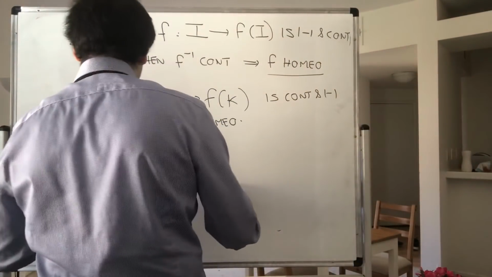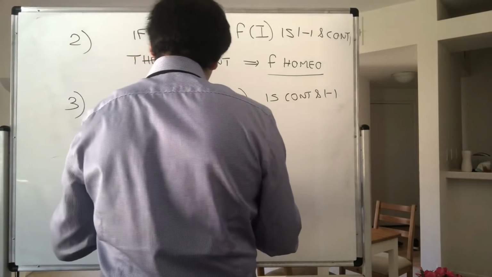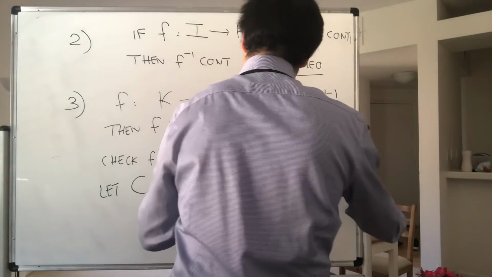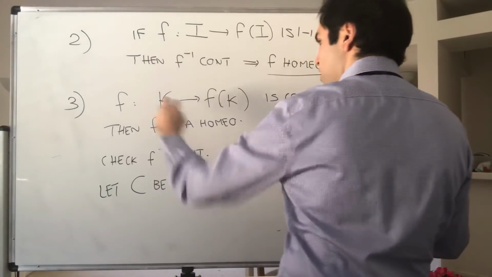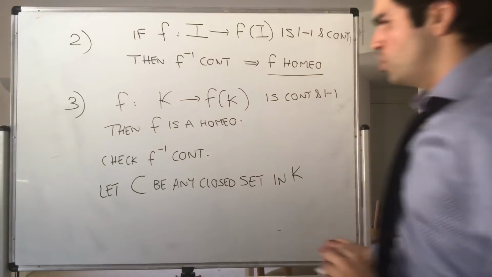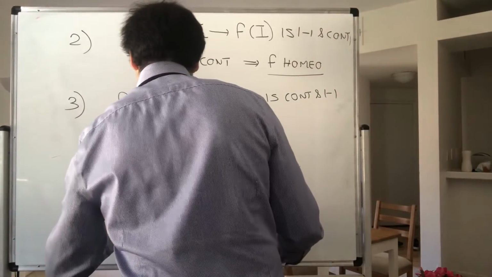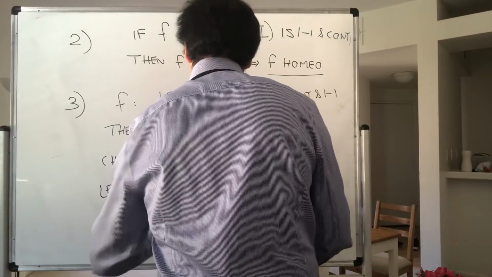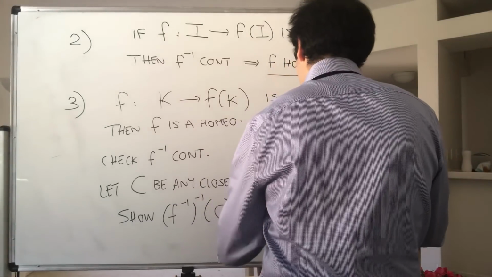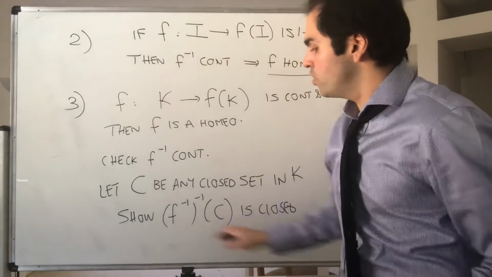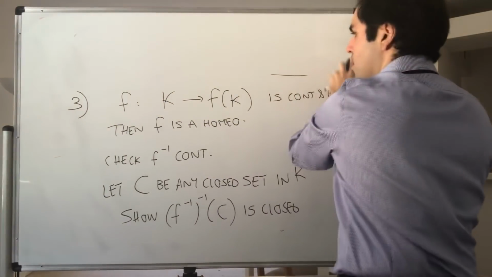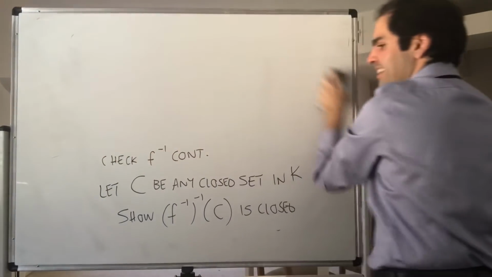So let C be any closed set in K, and we need to show f inverse of C is closed, because again, that would show that f inverse is continuous.